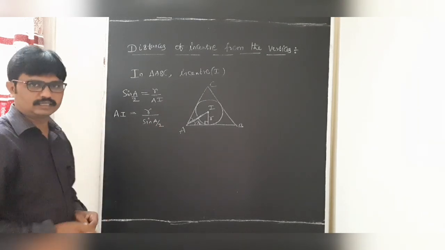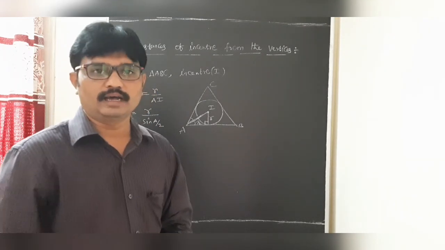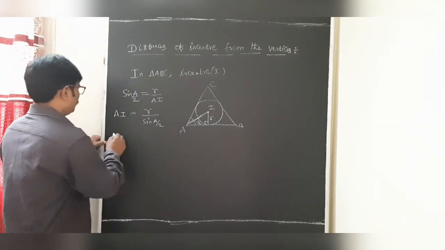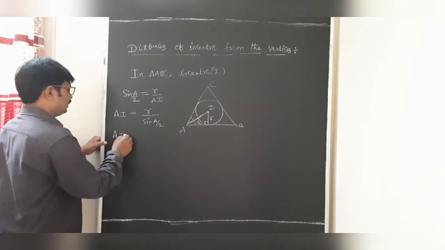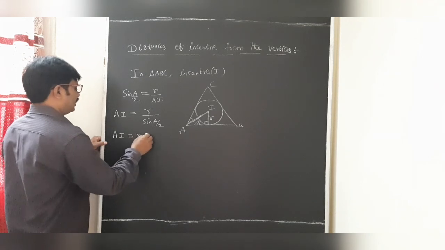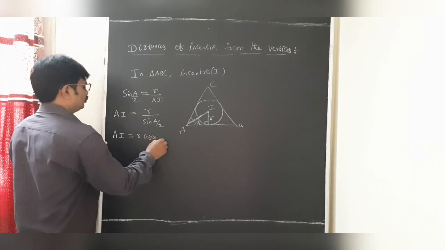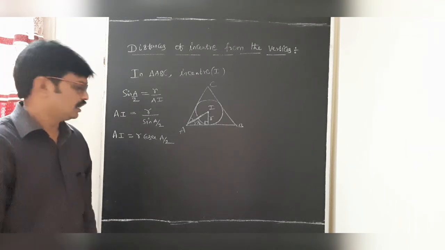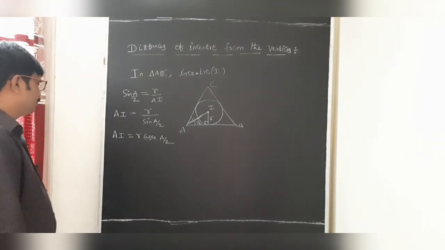So AI equals r by sine A by 2. Now we can write AI equals r into cosecant of A by 2.